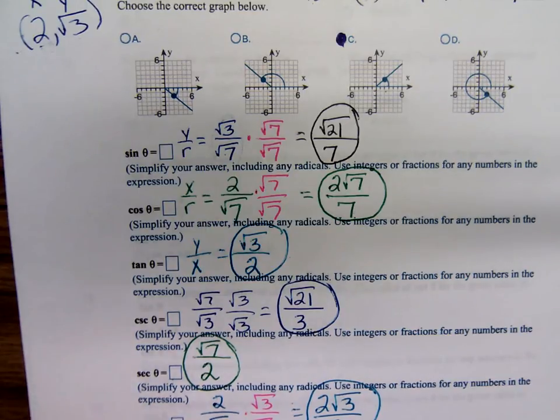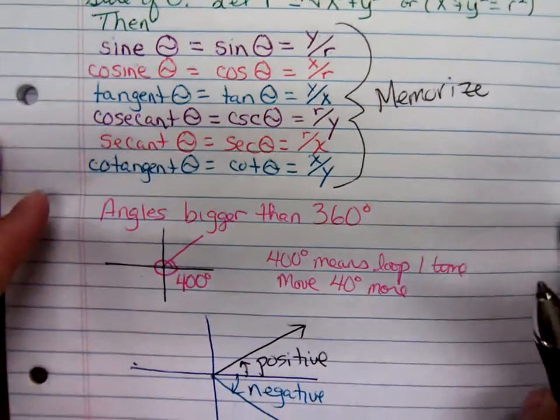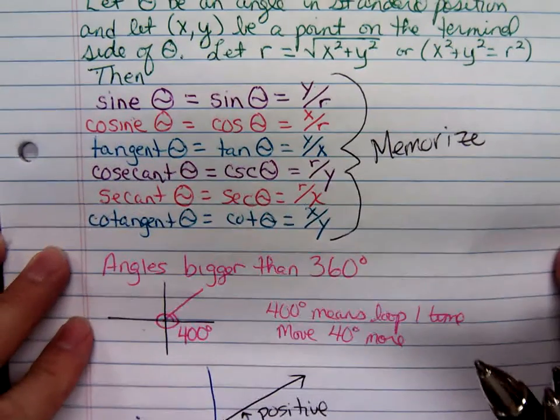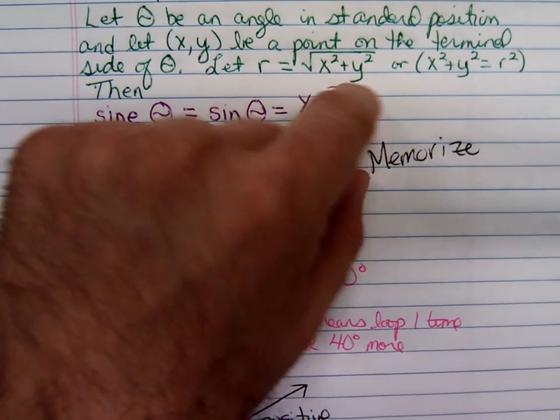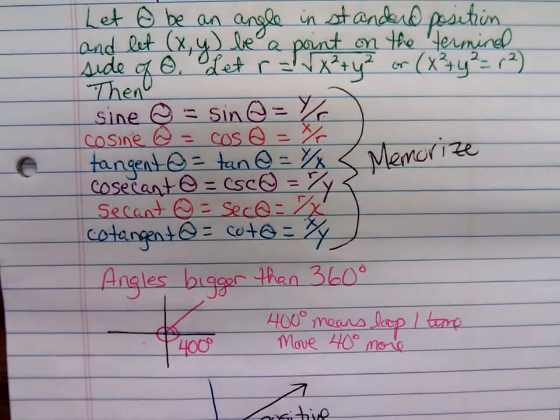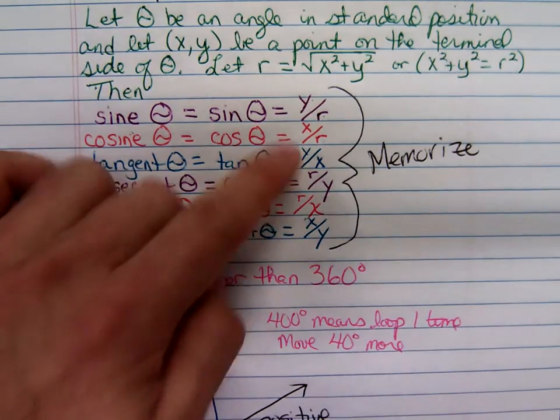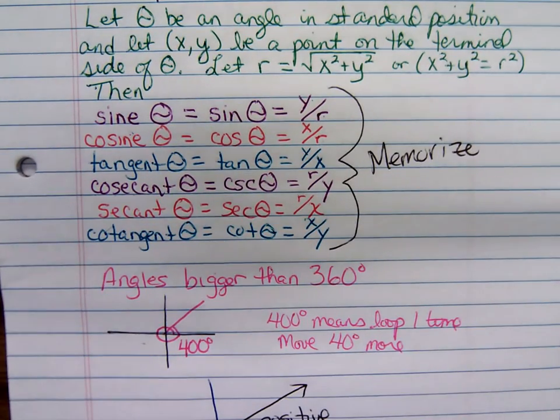So it's very, very important that you memorize that definition there. You also need to know r is the square root of x squared plus y squared, so x squared plus y squared is r squared. Okay? Y over r, x over r, y over x. And then the reciprocal functions.